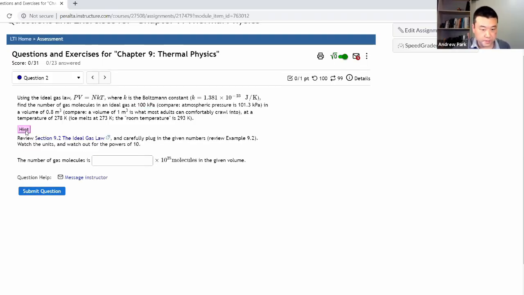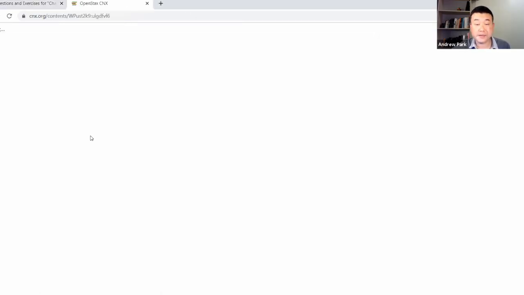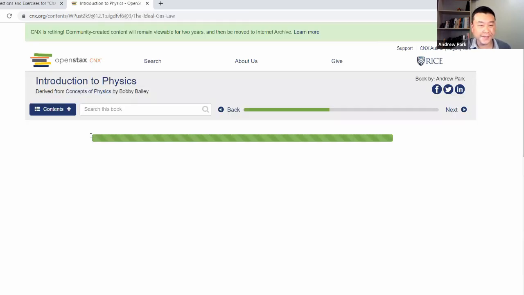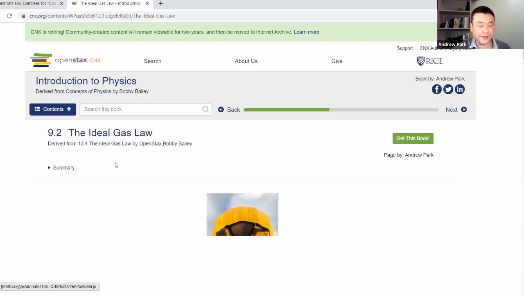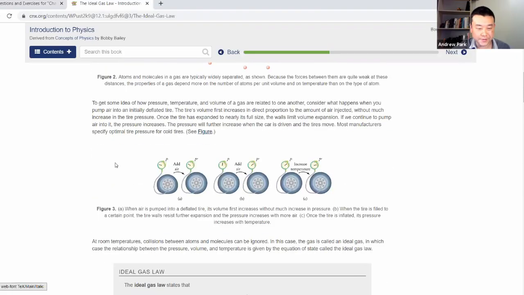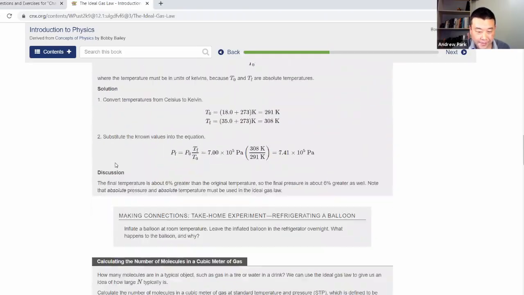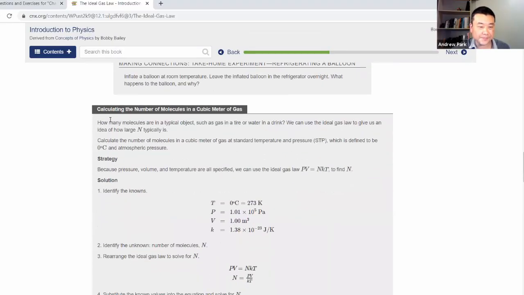Now, just as a double check, let me look at what the hint says. It says a review, and I wonder if the review will have this equation actually solved for N. Let me just double check. It might not. If it doesn't, then I will show you solving for N. Yeah, I guess it doesn't solve for N. I think one of the examples calculates the number of molecules in a cubic meter of gas.